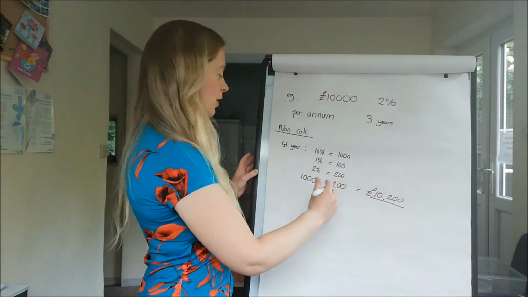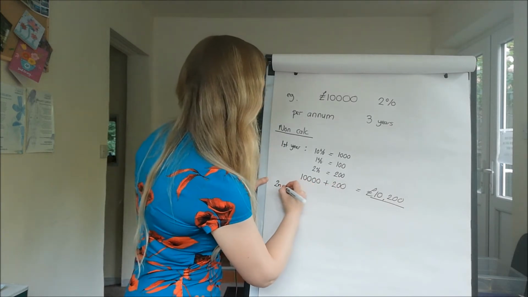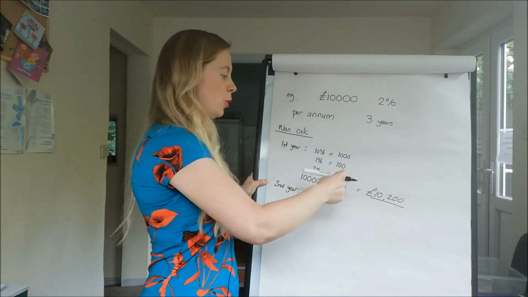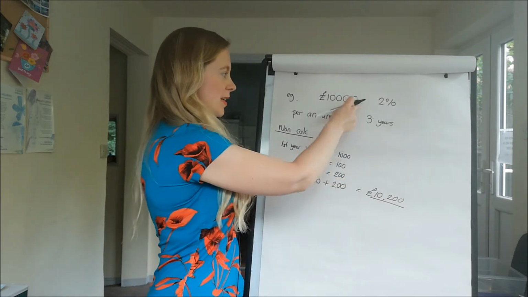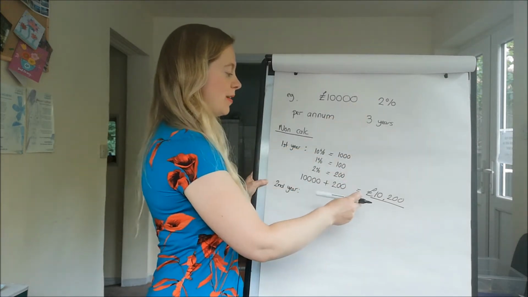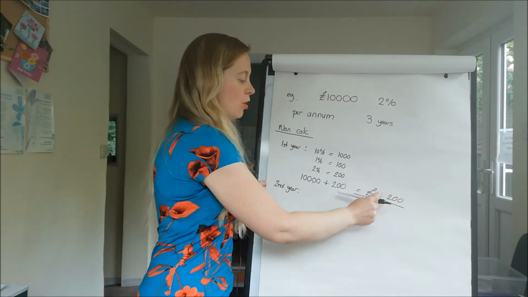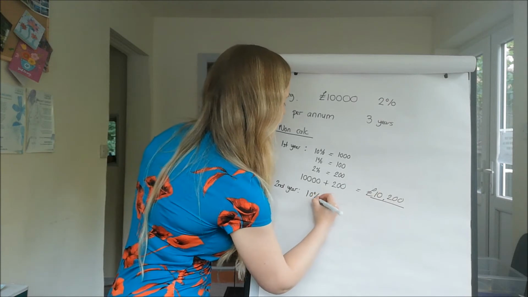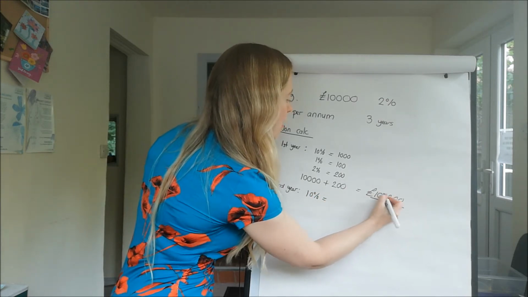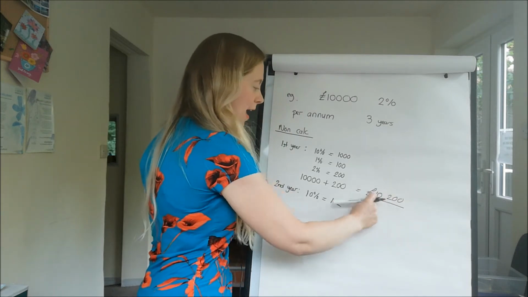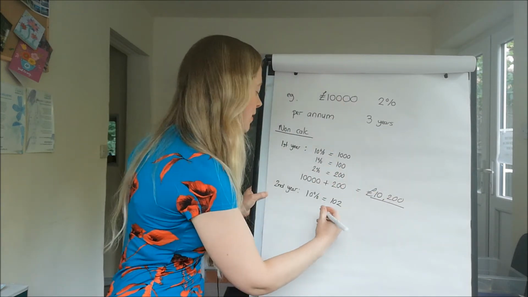So what you actually need to do is in the second year, you're going to get 2% interest. But because it's compound interest, you're going to get 2% of that added on. So we would first of all find 10%, which would be 1020 this time, because we're finding 2% of that this time, not of that.